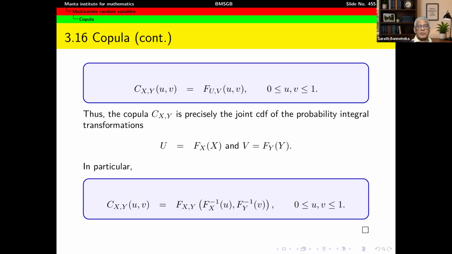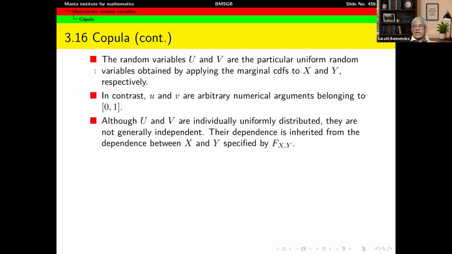So we will use this representation later on to get an expression for the copula related to a particular joint CDF when it is given. Here again, it emphasizes what I have already mentioned.